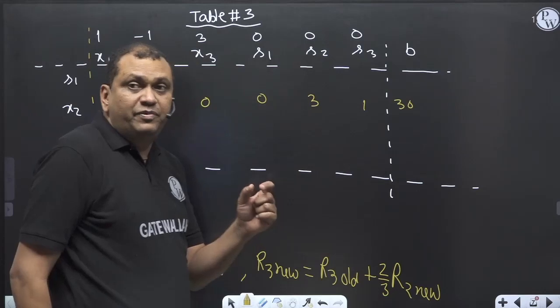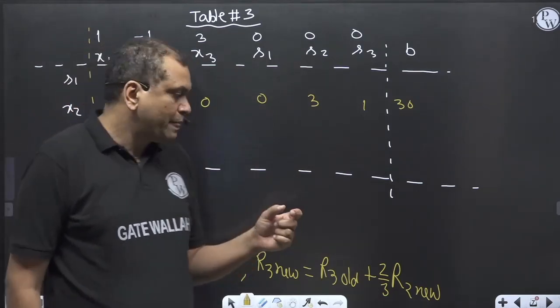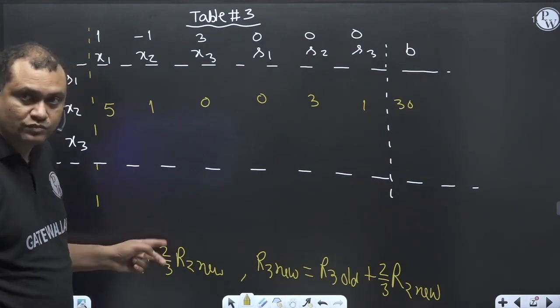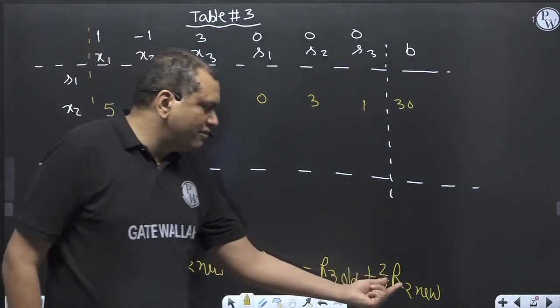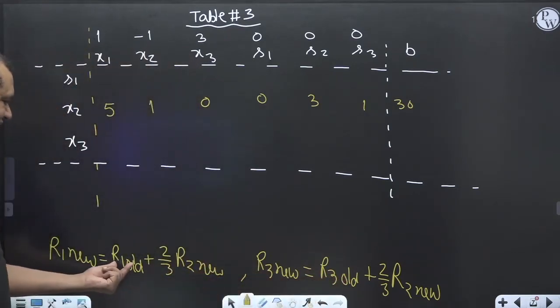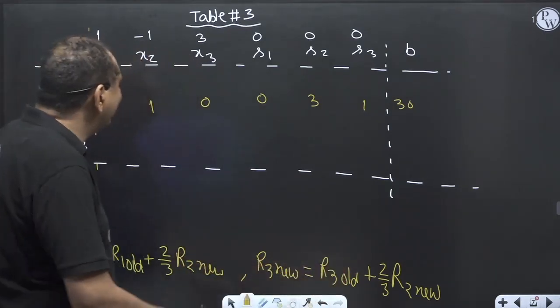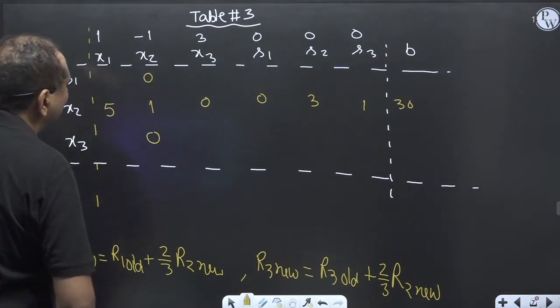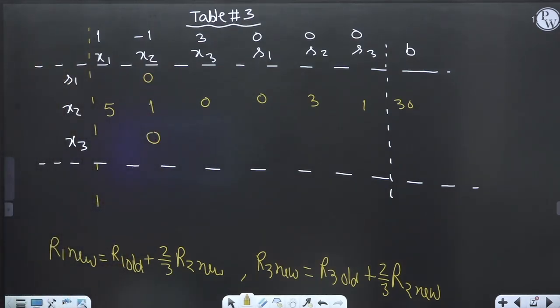So we have to be very, very careful. These multiplications and divisions, I am doing only in the new row. I will not do it in the old row. So what will happen? These values will become 0.